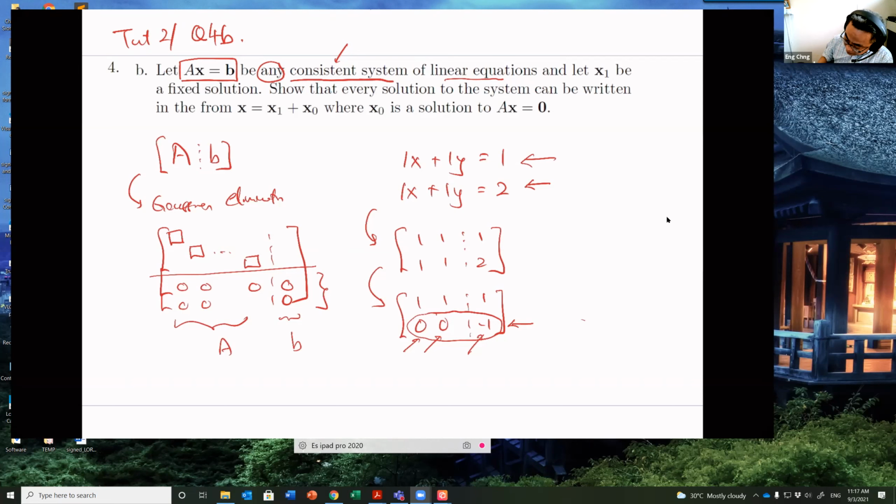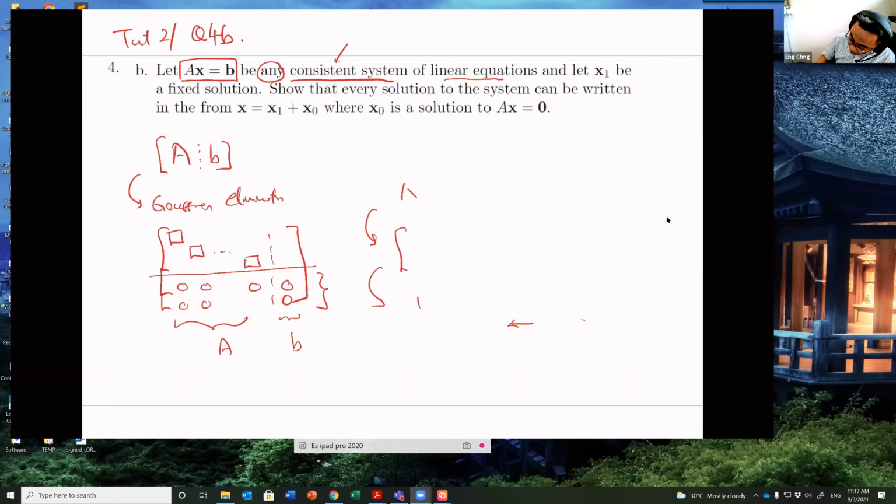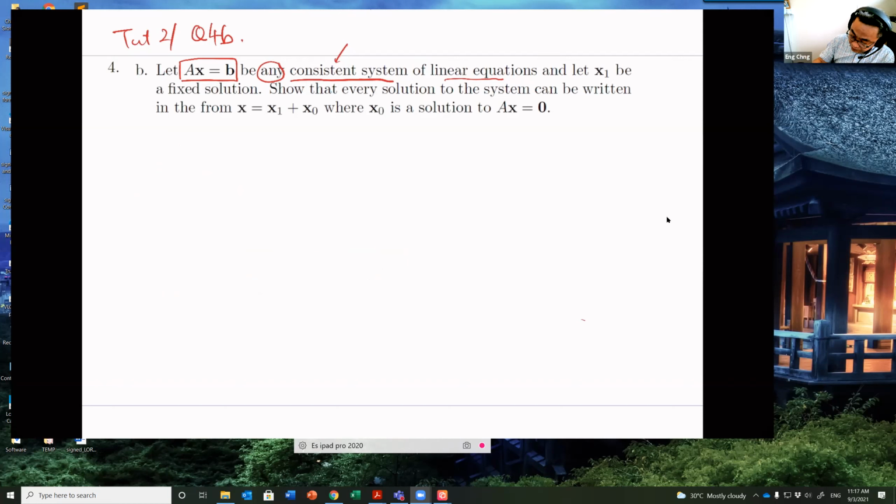All right, so now we have to revise this. Let's come back to our problem itself. Now, we are told that x0 is a solution to Ax equals 0. It means that A times x0 is the 0, the homogeneous equation.